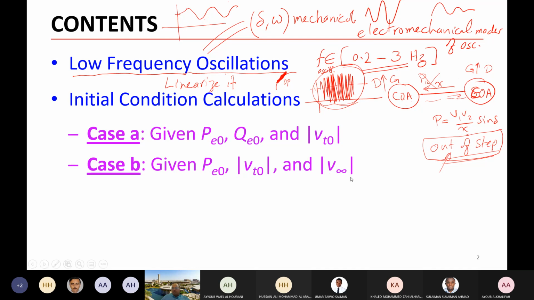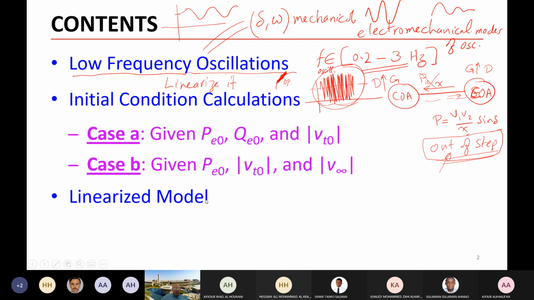And also, what is the infinite bus, and where should I measure it? The infinite bus is actually an assumption. So this case is rarely used, and we will focus on the first case. We can find all the initial conditions, VD, VQ, ID, IQ, angle, and so on, if you are given such quantities.